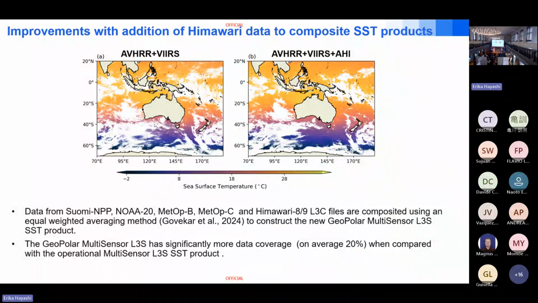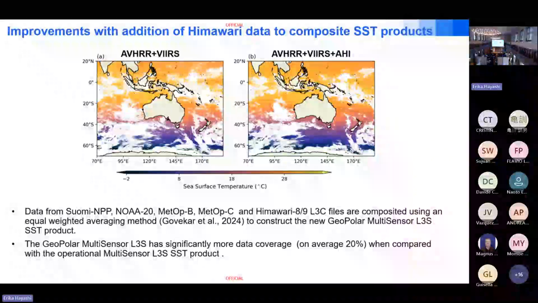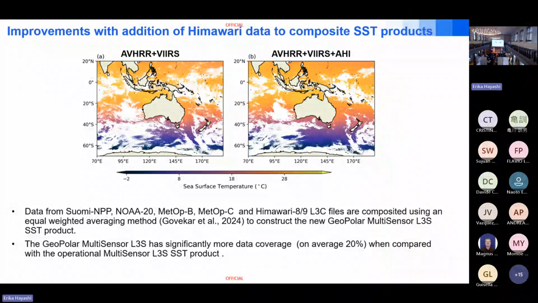Here, the left hand side is only polar orbiters together for one night, and the right hand side is the addition of Himawari to that. With the addition of Himawari 8, on average we get more than 20% more data coverage.